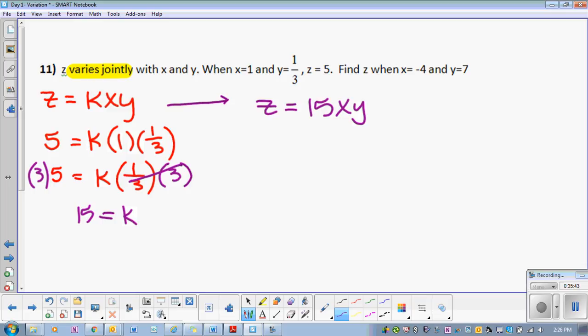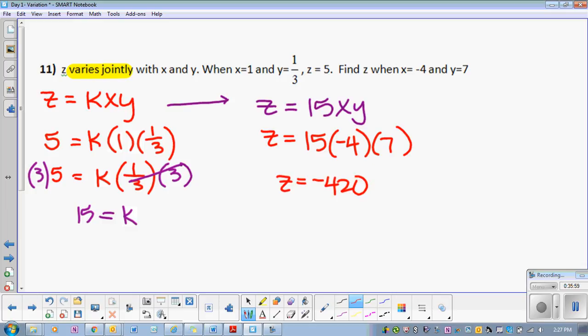Now you're going to plug in so you can find z. 15 times -4 times 7. What's that? Good. Z equals -420.